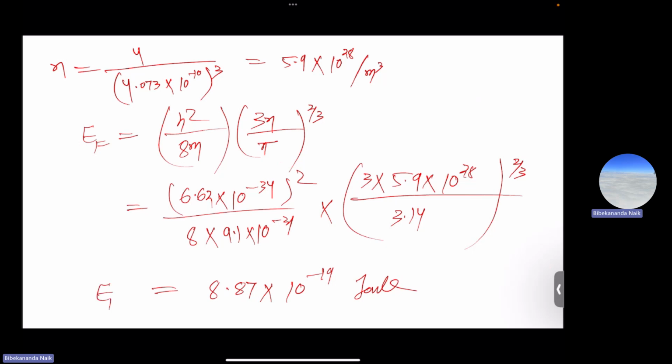So this is the Fermi energy, because we have converted everything into SI units. Planck's constant is 6.62 into 10 to the power minus 34 joule second. So the Fermi energy will be 8.87 into 10 to the power minus 19 joule.